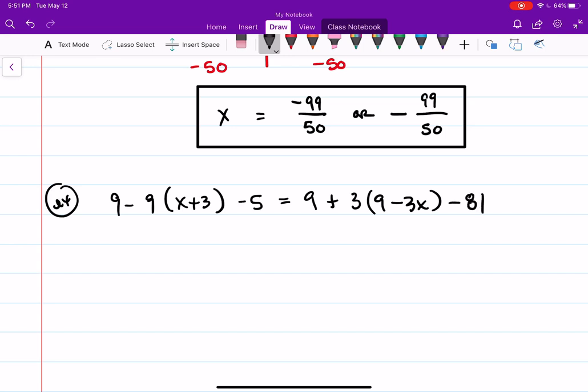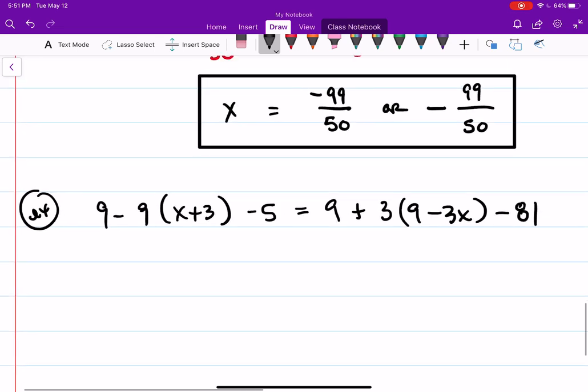Okay, so look at this. Two parentheses, one on each side, right? So first, I've got to get rid of parentheses.